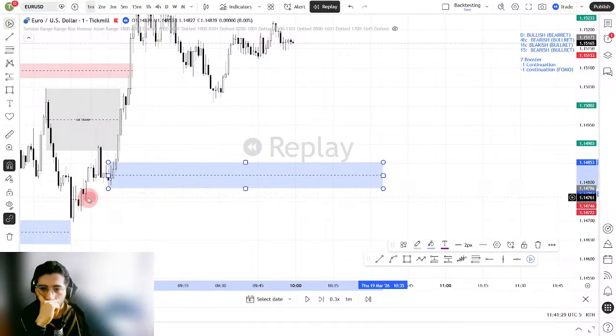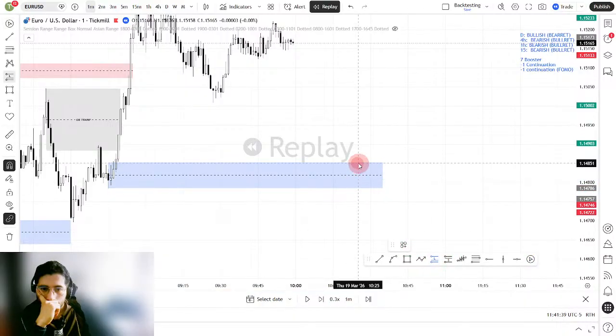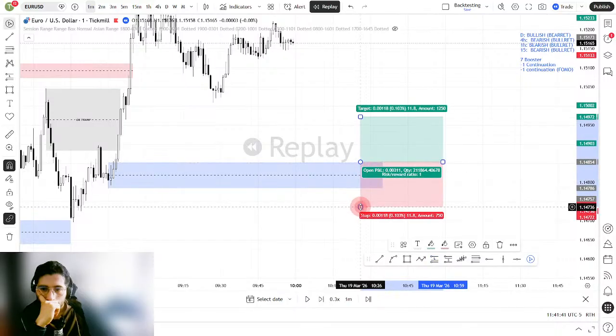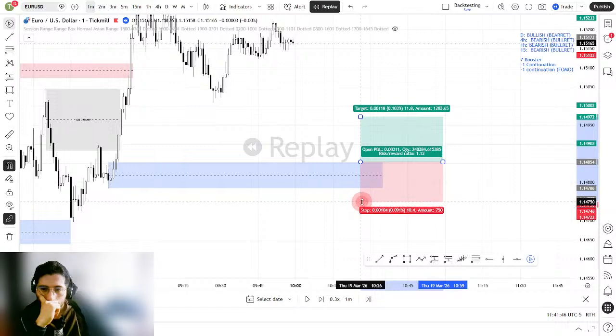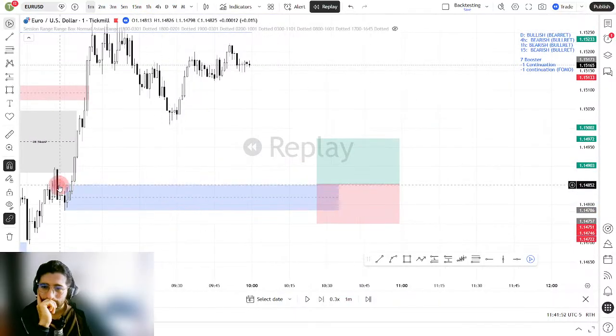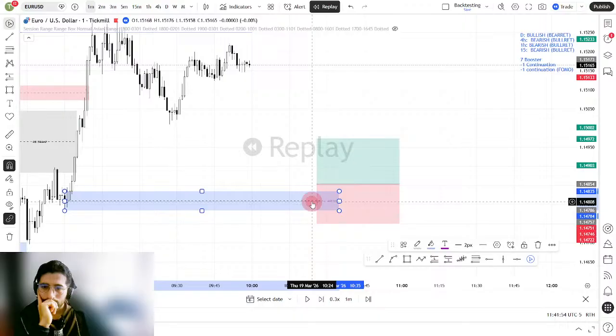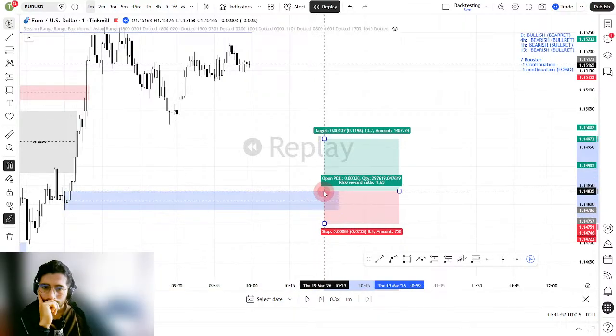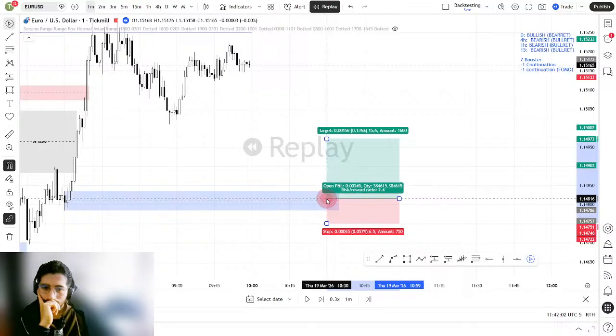This is order flow, and this here is where the stop loss should be. 10 pips is a lot for me. 6 pips.